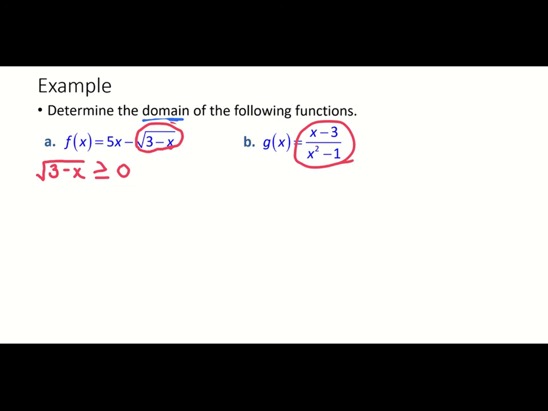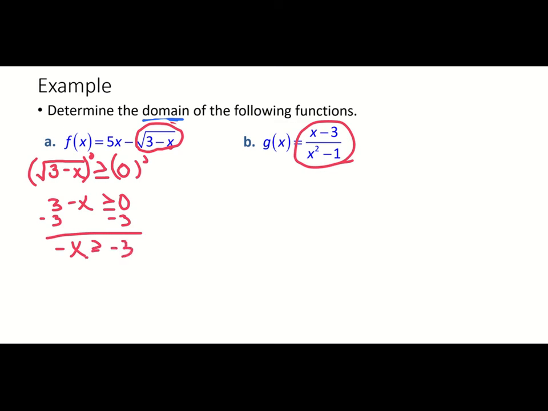So now we can get rid of our radical. To do that, square both sides, which if you square 0, you get 0. So we have 3 minus x is greater than or equal to 0. So to solve it, I'll subtract 3. And now I have the opposite of x, or negative x, is greater than or equal to negative 3.